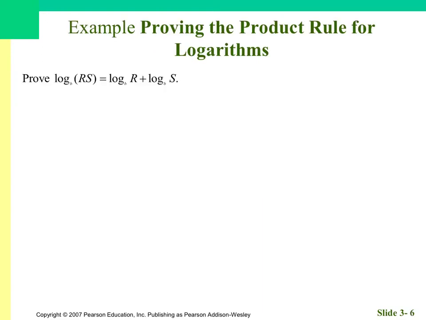So they want us to prove the product rule. Alright. So watch what I do here. I'm going to say let x equal log base b of r and y equal log base b of s.